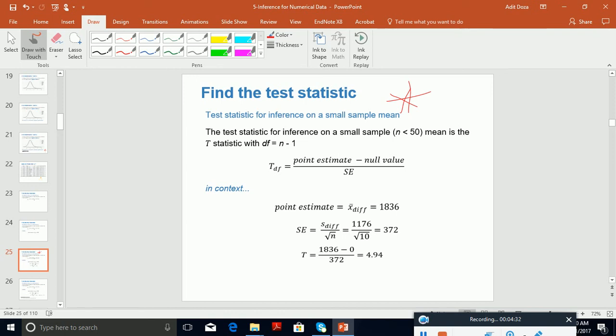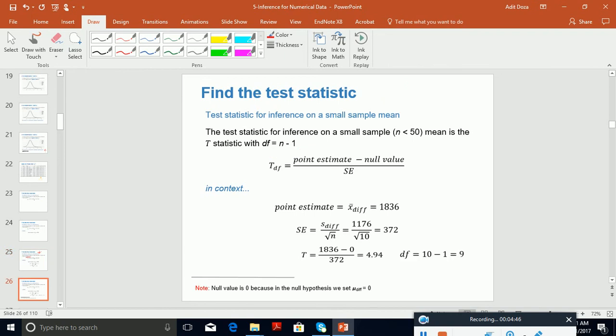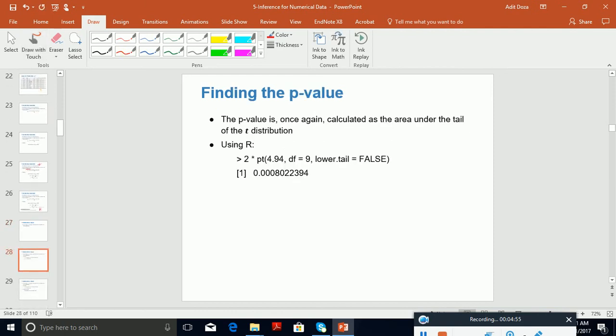For t statistics, the degrees of freedom is n minus 1. If you don't use n minus 1, it will give an incorrect estimate. So slide 26 is very important for the exam.